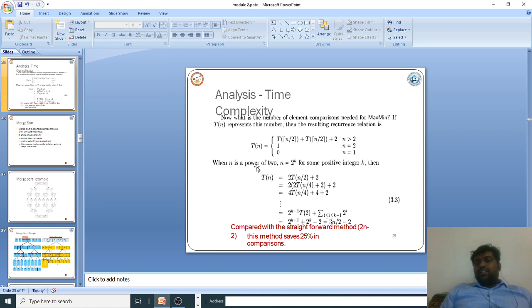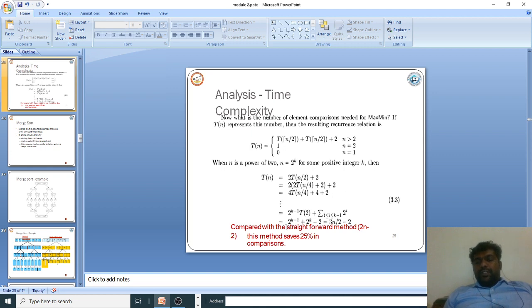Now, when n is a power of 2, n equals 2 power k. Using the substitution method, you get 2 squared T of n by 2 squared plus 2 squared plus 2, and it goes on, until it becomes 2 power k minus 1 T of 2 plus the sum, which we consider as 2 power i.